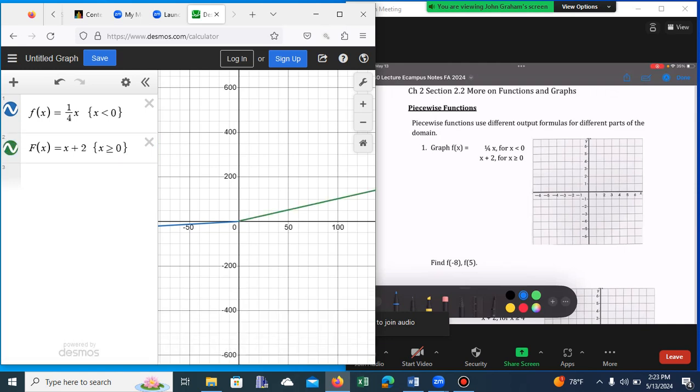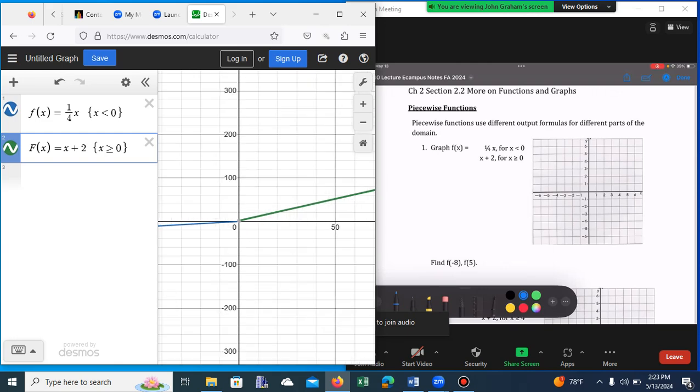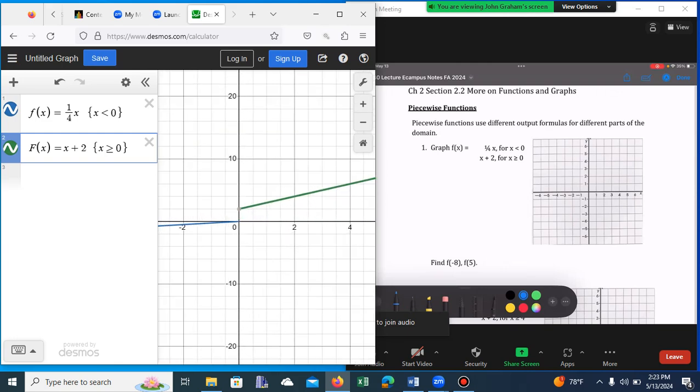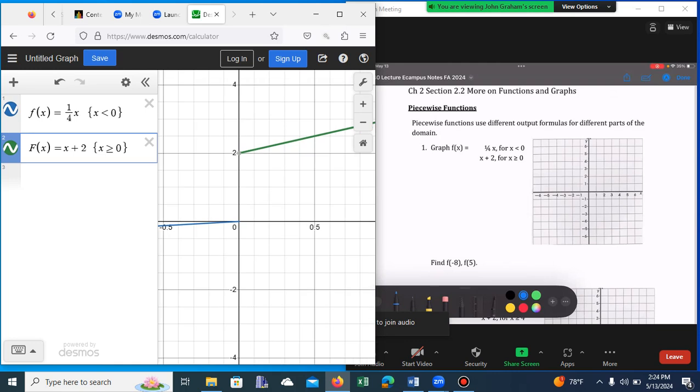So we see the green line then is on this side. Now, at 0, I want you to notice that they are not at the same point. At 0, the (0,2) on the green is included, not the (0,0).